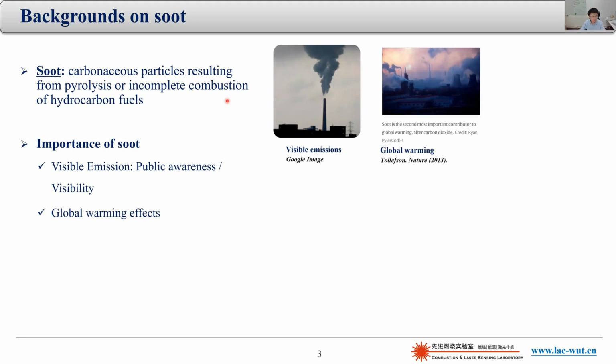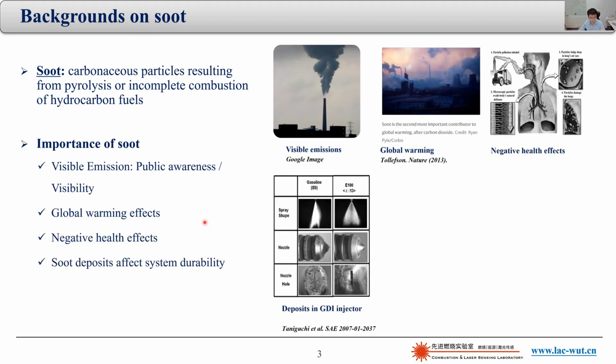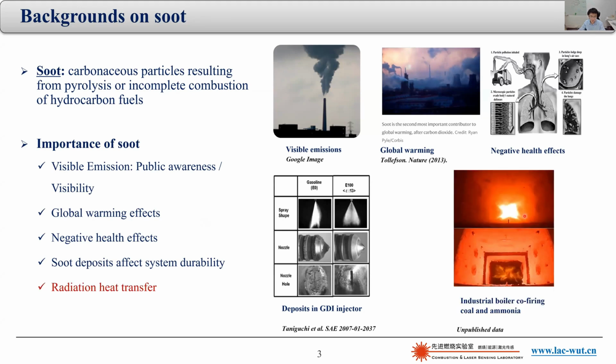The last point, which is quite interesting, is that soot is sometimes necessary to ensure proper operation of practical combustion devices. A notable example is the coal-fired industrial boiler, where soot is very important for enhancing radiative heat transfer between the flame and the working fluid, which in most cases is water.